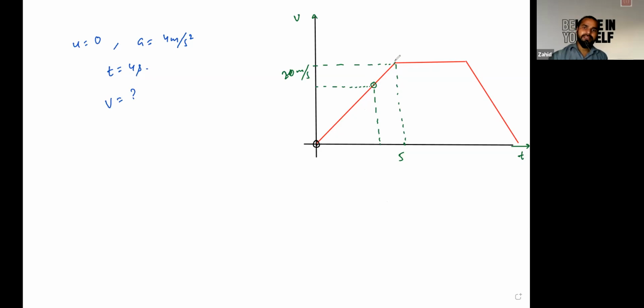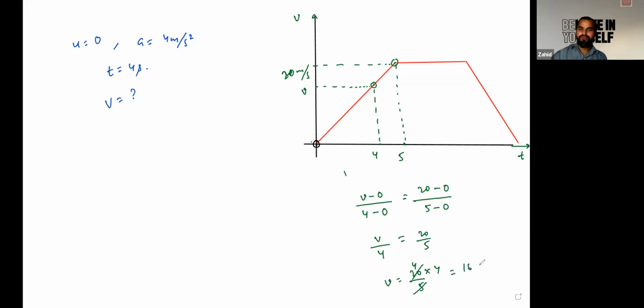So taking the slope from this point to this point and from this point to this point would be equal. It has x coordinate as 4 and y coordinate as v. So (y2 minus y1) by (x2 minus x1) is equal to (20 minus 0) divided by (5 minus 0). So it will give you v by 4 equals 20 by 5. So v is equal to 20 into 4 divided by 5. 5 fours are 20 and 4 fours are 16.